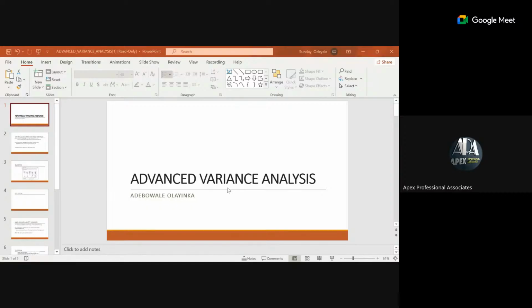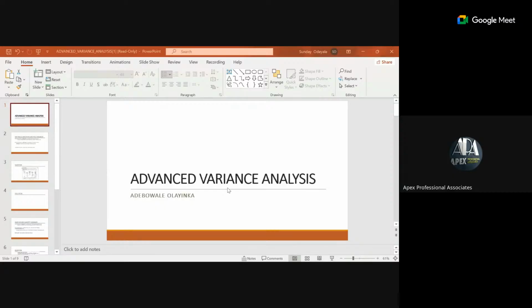And when you are talking about material too, let's say we have flour, you have butter, you have sugar, and so on. As far as you are using more than one material for the product, you will have to go through the advanced variance analysis for the material variance. And also for labor, you can have skilled, semi-skilled, unskilled labor.